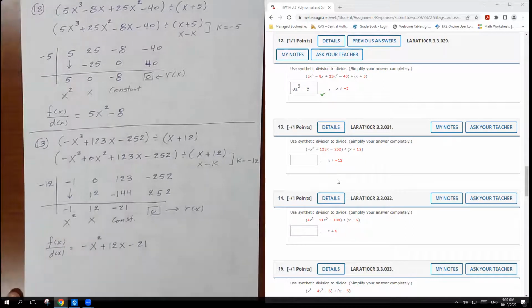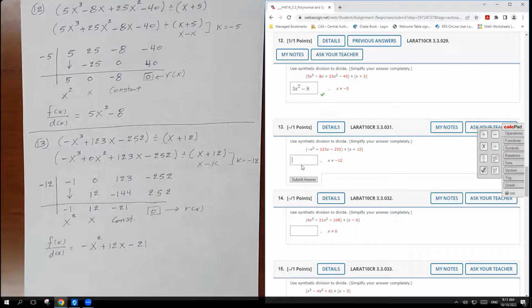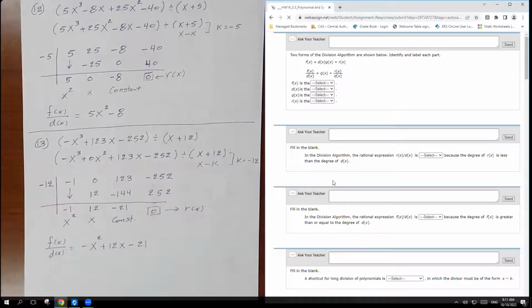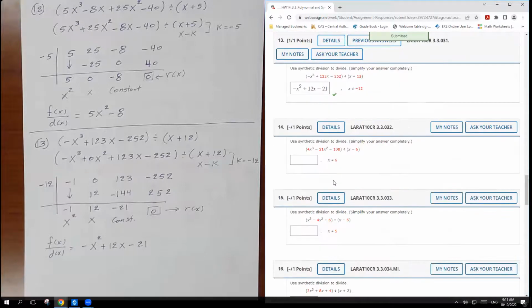That's it for this one. So we're going to say here it's negative x squared plus 12x minus 21. Let's go to the next example.